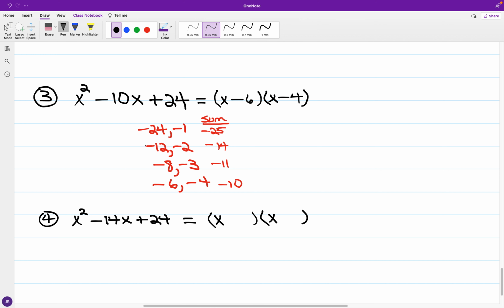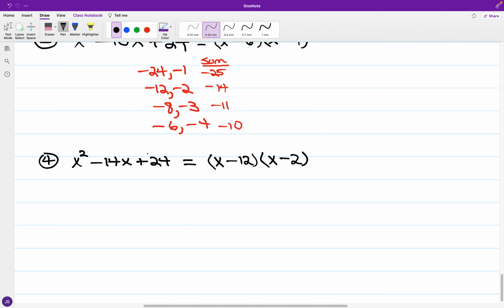I have this combination up where we have negative 2 and negative 12. So one factor is going to rest at x minus 12, while the other one is at x minus 2. So we have another factorization example where the leading term is x squared.